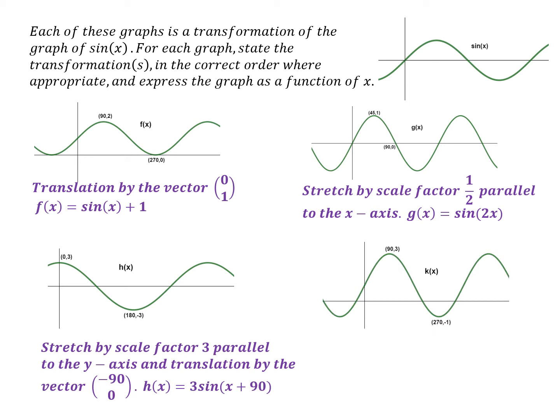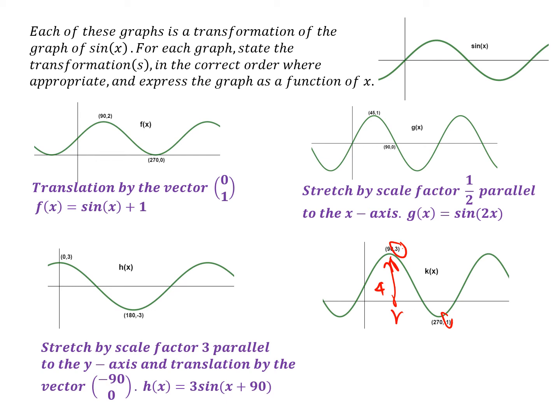So looking at the y values first, we've got 3 here and -1 here. So the gap between the maximum and the minimum point is now 4. So we seem to have stretched the graph in that direction by a factor of 2. So what else has happened here though?